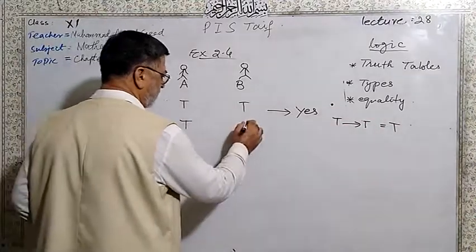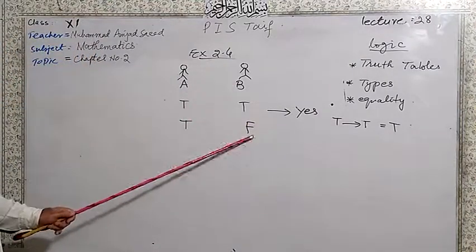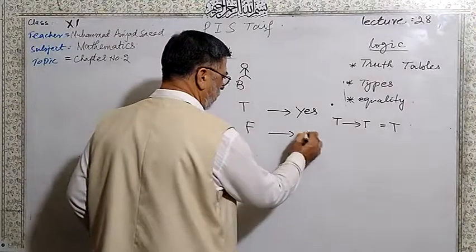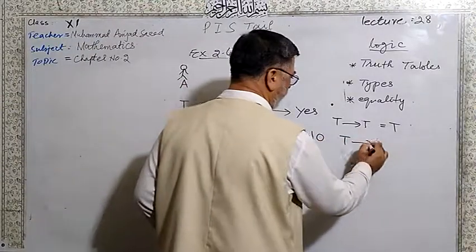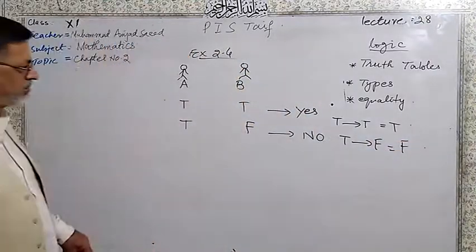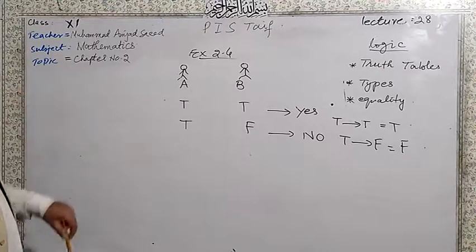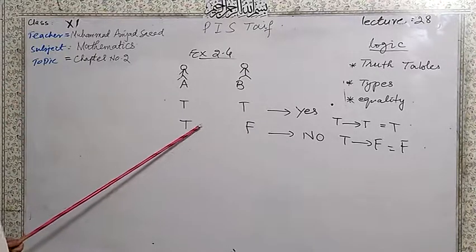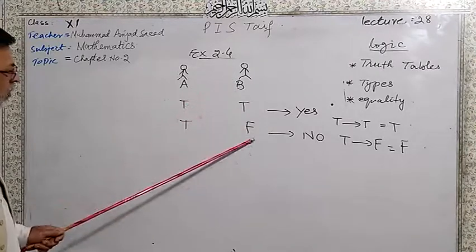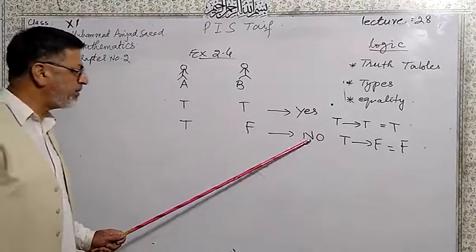T to F. You are going to meet your friend and he is not at home. Can you meet him? No. So T to F is F. No possibility.